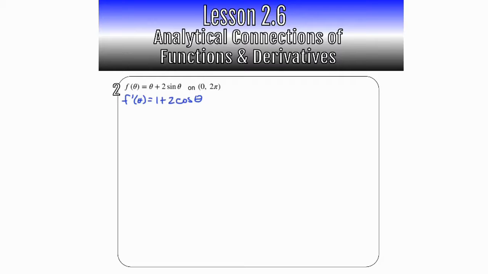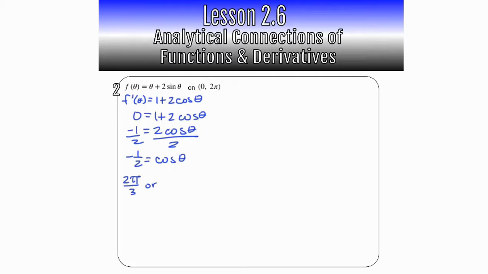So let's set that equal to 0 now. And so I'm going to have negative 1 is equal to 2 cosine theta. I'm going to divide by 2. And so the cosine of theta is negative 1/2 at 2 pi over 3.